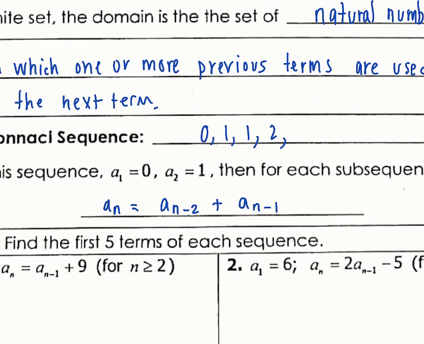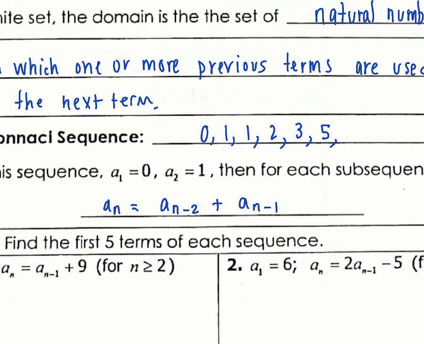So what two terms do we got to use to find the next term? What are the previous two? 1 and 2. What does 1 plus 2 equal? 3 is the next term. To find the next term, what are my previous two terms? 2 and 3. What's 2 plus 3? 5.